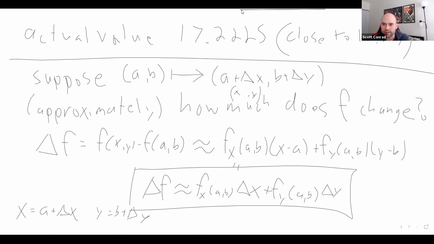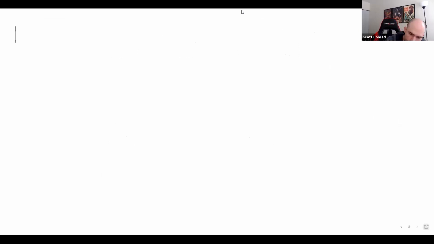Let's look at a quick example. We have the equation for BMI, body mass index. The body mass index is the weight, W, in kilograms divided by the height in meters squared, W over H squared.